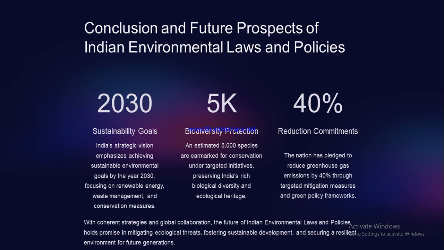So the act regulated the discharge of pollutants into the water bodies, requiring industries and municipalities to obtain consent for effluent discharge. It also mandated penalties for non-compliance and promoted the treatment and disposal of sewage and industrial waste to protect and improve the water quality across the country.